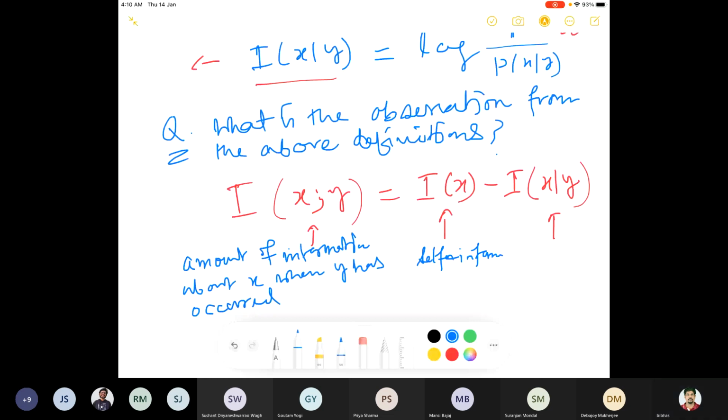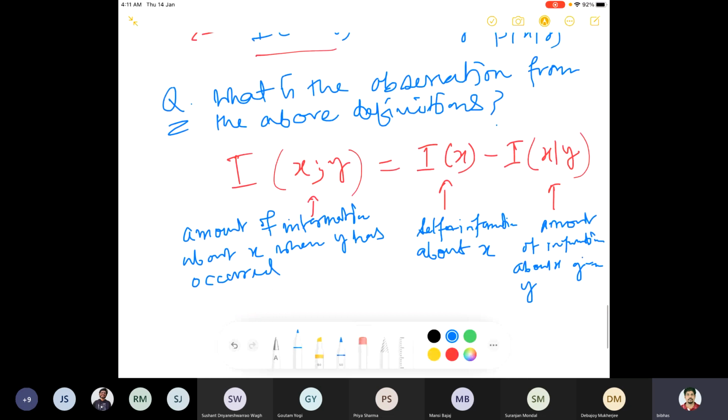And this is the remaining term, the amount of information about X given Y. And recall, just note a point here that this is same as this.